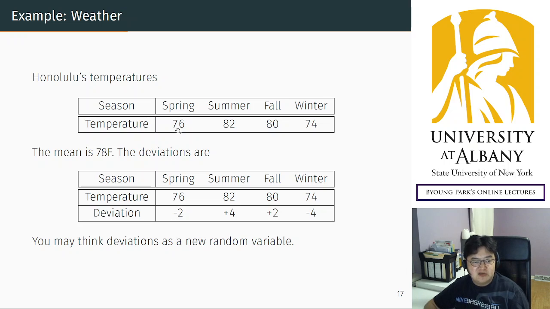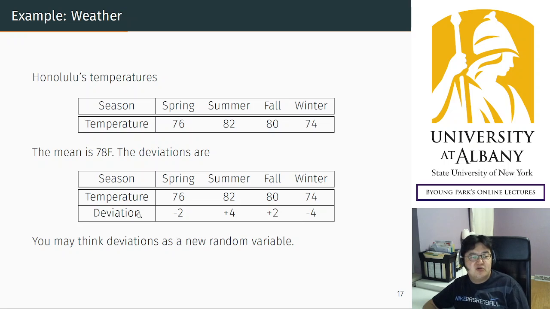The original data are these four numbers, but after subtracting a number, which is a linear transformation, you get another random variable, which we call the deviation. There are still the same number of observations for this new random variable.